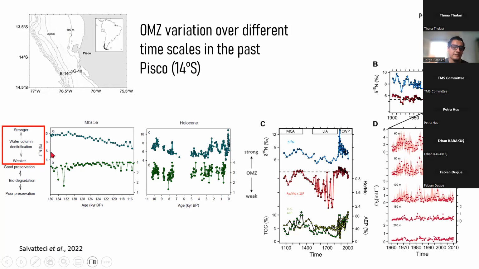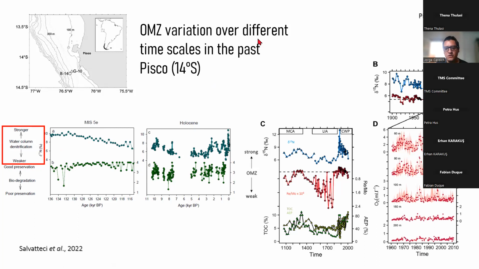They used a sediment core, so this is a paleo study, for MIS-5E, in comparison to the Holocene sediments. They used the delta nitrogen-15, these stable isotopes of nitrogen, as a proxy of water column denitrification. Denitrification is a process that is very important inside the OMZ.